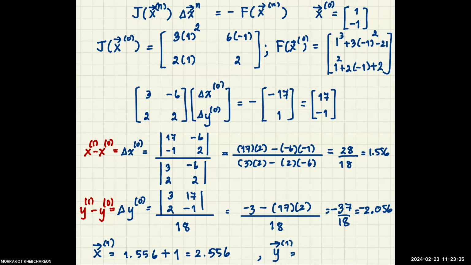And y1 is minus 2.056 minus 1 is plus 1. Oh, plus minus 1, sorry. So it should be plus of minus 1.